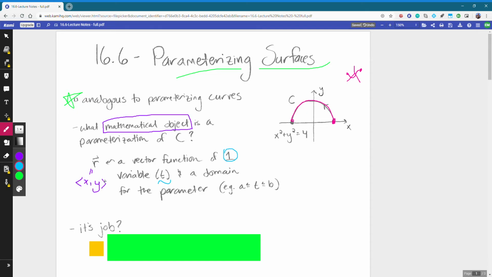That's its most basic form, and it has a domain. If we have one parameter, then we just need a range of t values that we're thinking about.